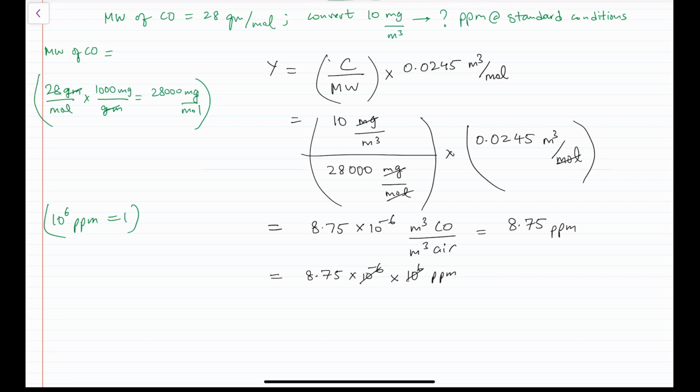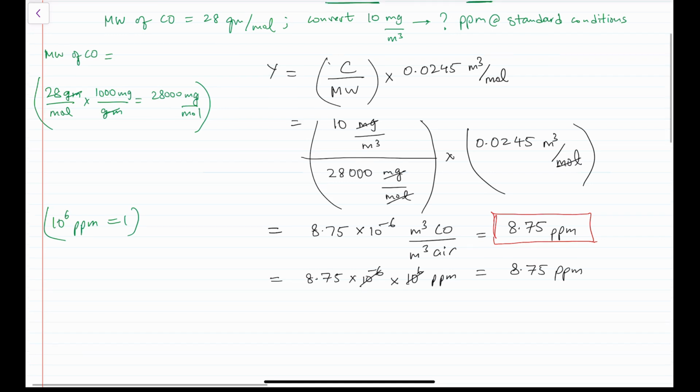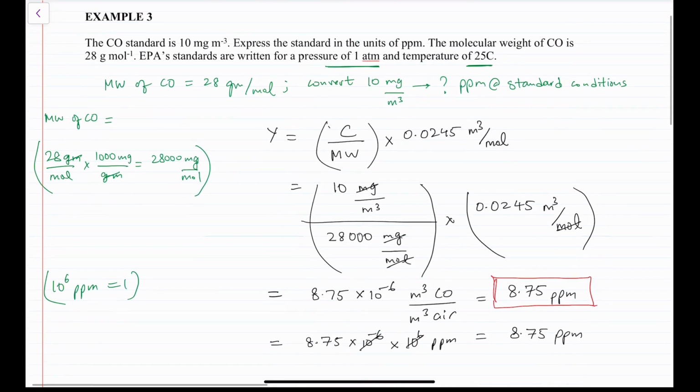So these cancel out, and I can say this is 8.75 ppm. So just so that you can understand that better. Okay, so that's our answer right there.